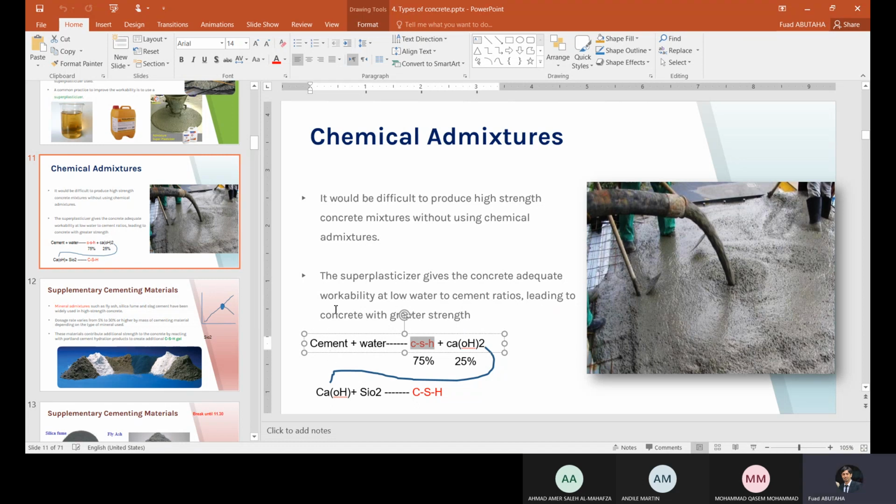As a result of the hydration reaction, we also get calcium hydroxide, which occupies 25% of the total outcome of the reaction. So calcium hydroxide has no benefit to the concrete. We have 25% volume inside the concrete of calcium hydroxide that doesn't contribute to the strength.